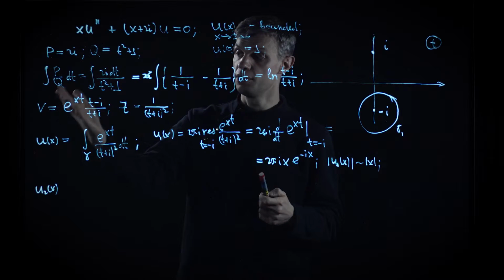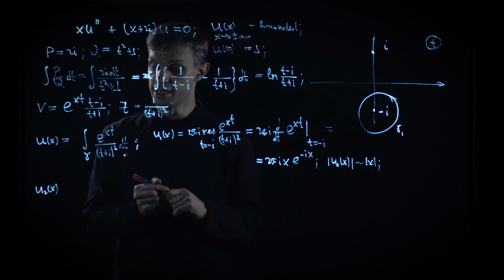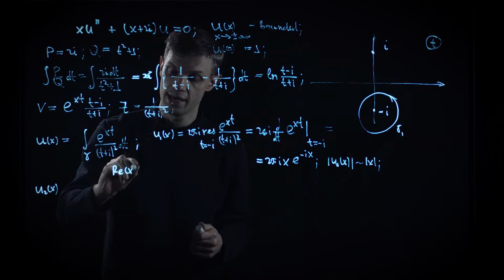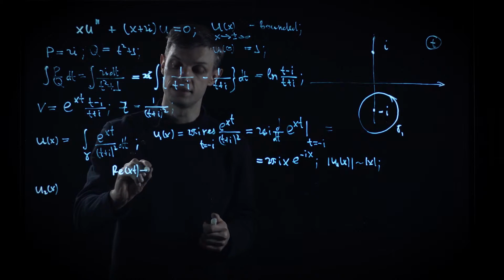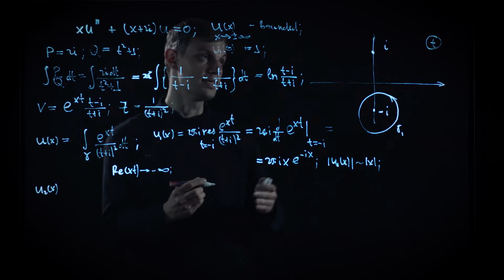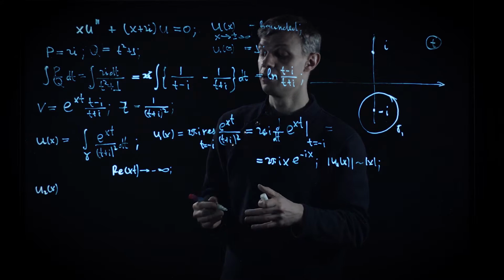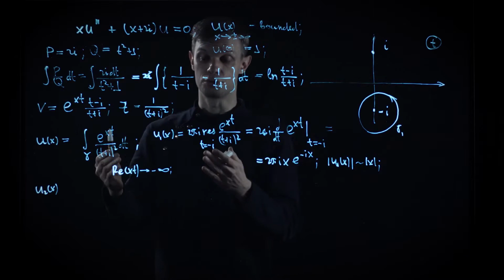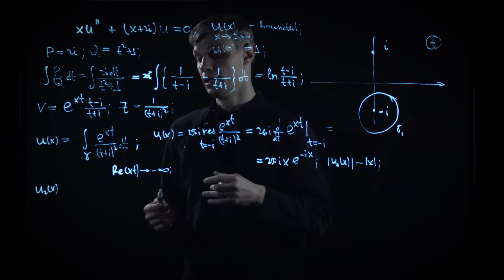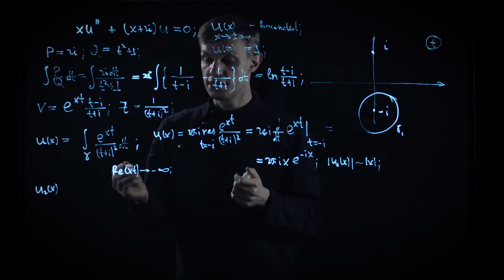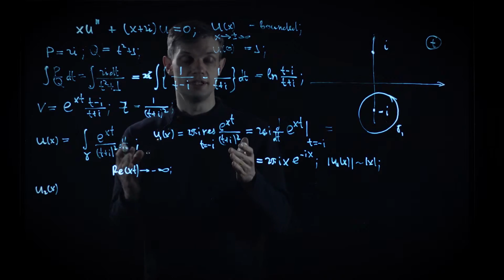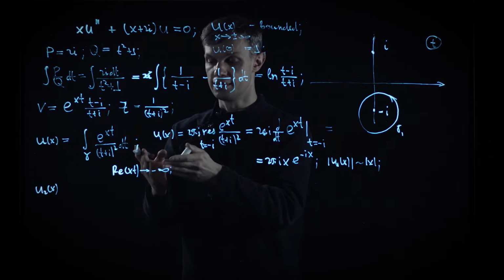When we look at our v function, we realize that as soon as the real part of xt tends to minus infinity, if t goes to infinity in the complex plane, then that would be the possible end of our contour, because the beginning would be at point t equals i.